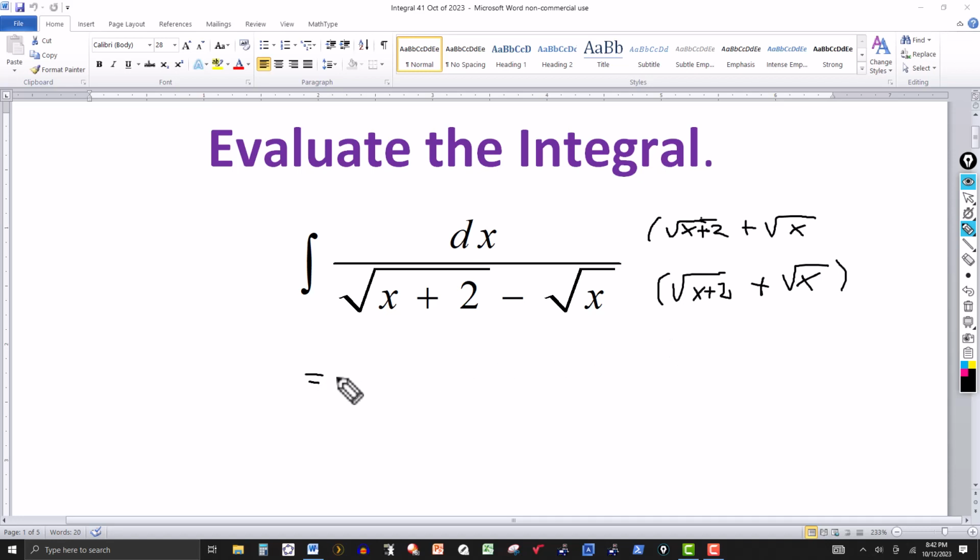So this is equal to, in the numerator, the square root of x plus 2 plus the square root of x, dx. In the denominator, I have the difference and the sum of the same two terms, so that'll give me the square of the first radical, which is x plus 2, minus the square of the second one.